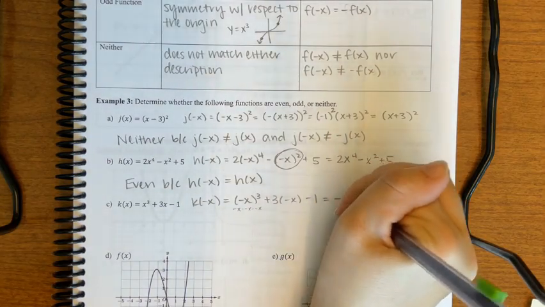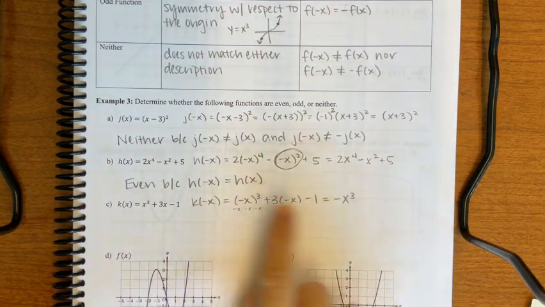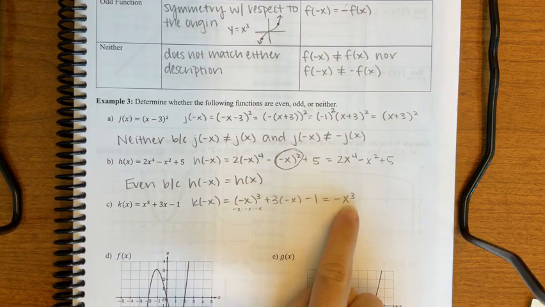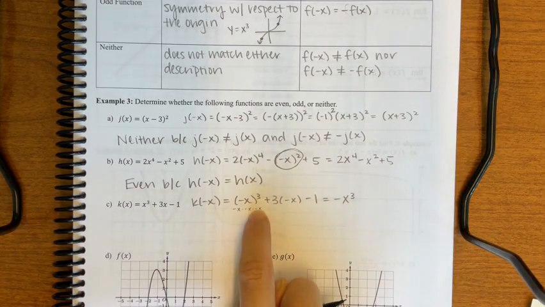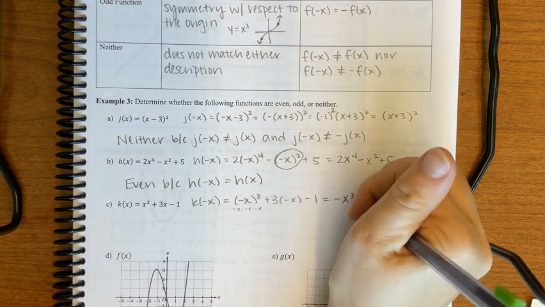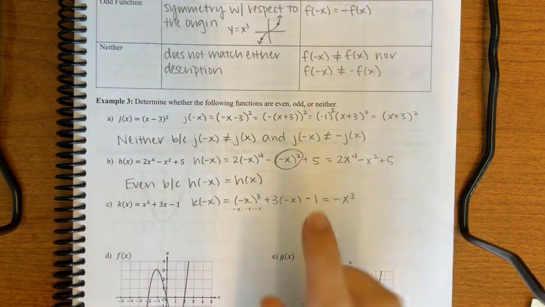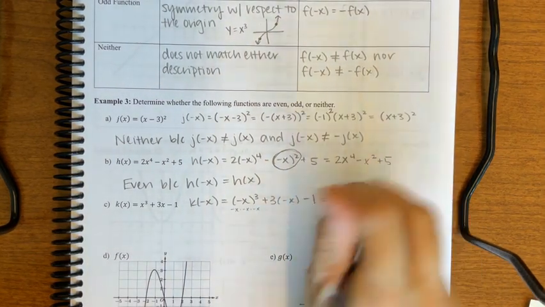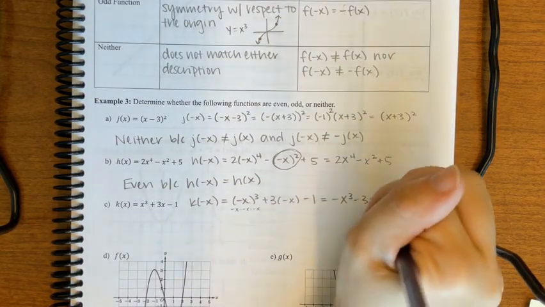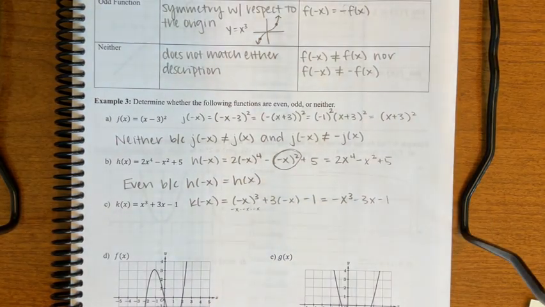So we have negative x cubed, and see here, now I can drop that parenthesis because I know that I'm going to end up with 1 more negative. Okay, so I have negative x cubed, then 3 times negative x is negative 3x, and then I have my negative 1 that never had an x, so it was unaffected.